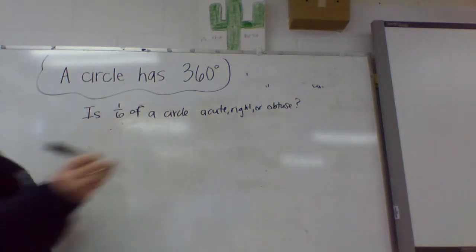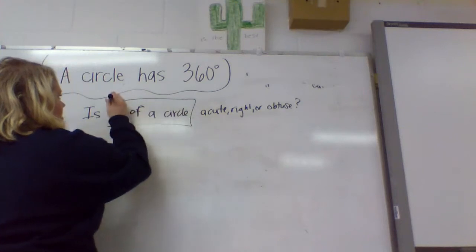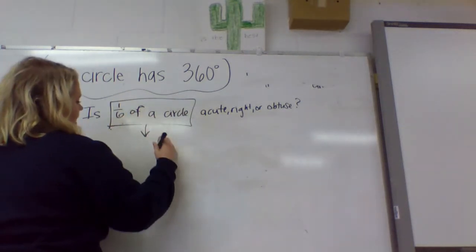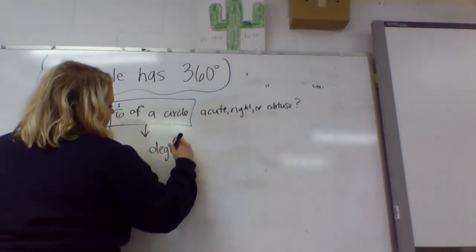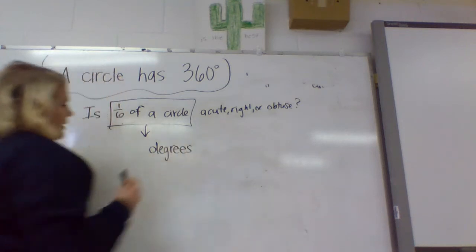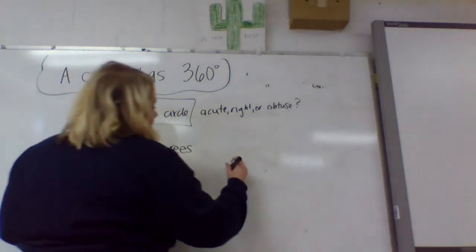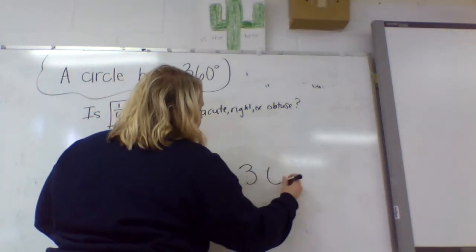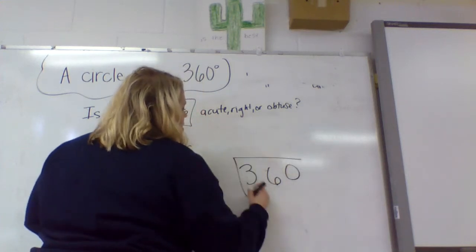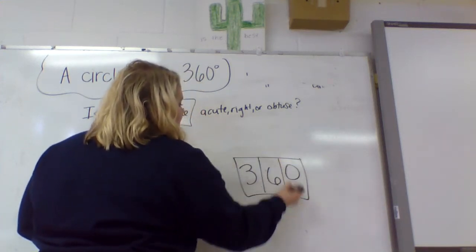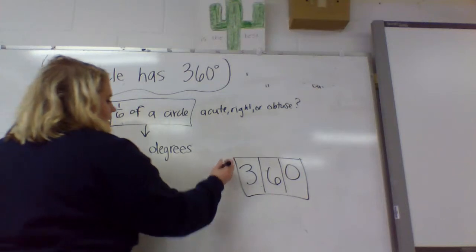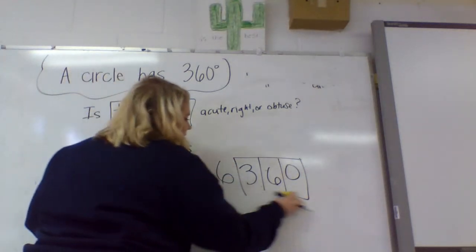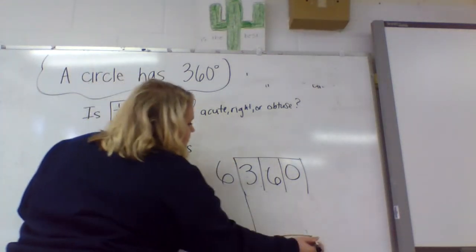Well, that means I need to turn this 1/6 of a circle into degrees. Okay. I know I have 360 degrees in a circle, and if it's 1/6, that means I'm going to divide it by 6. So let's see.